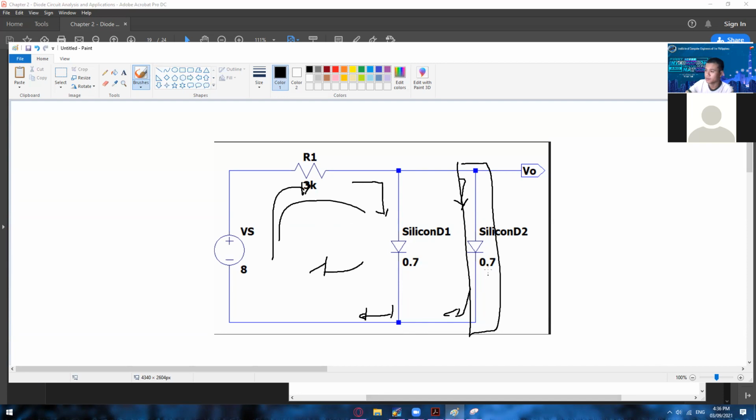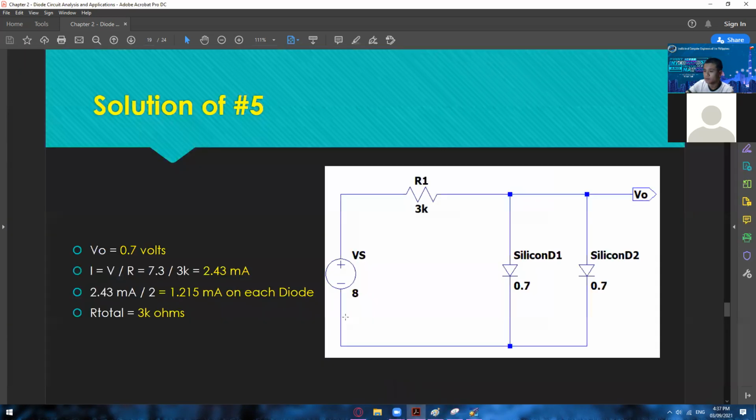Whatever the diode is in here, let's say if it's germanium, let's say 2 germanium, then the voltage reading on your VO is 0.3 volts. So that is why we have 0.7 volts here. And for the I, of course, just get the total voltage and then the total resistance. Here we have a total voltage of 7.3. We've just assumed that it only passed through one, for now.